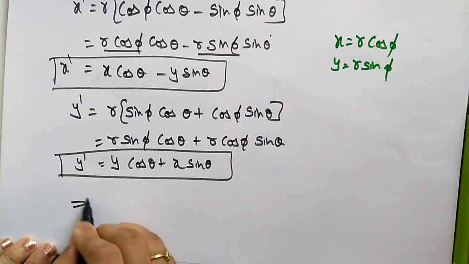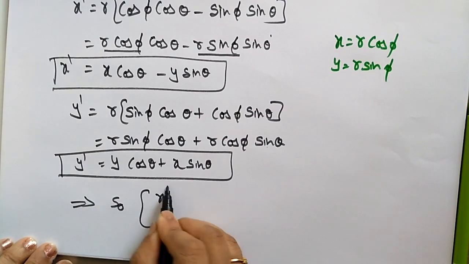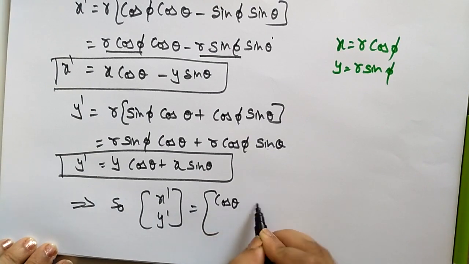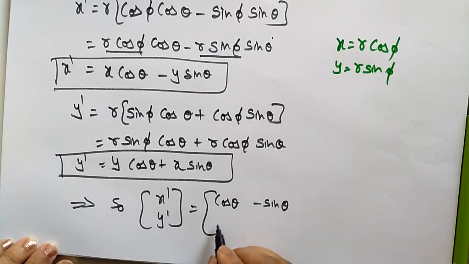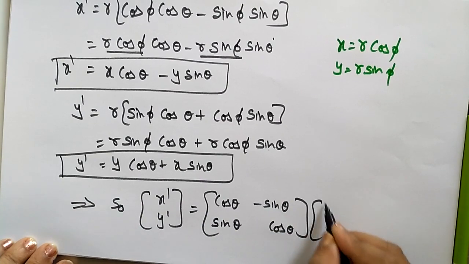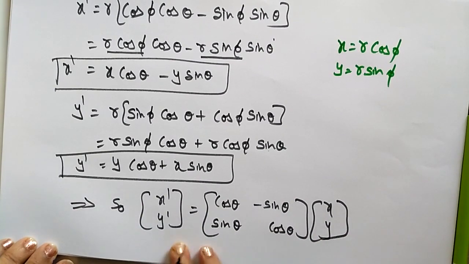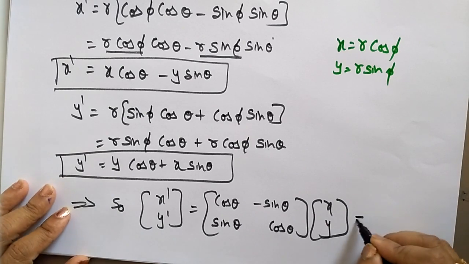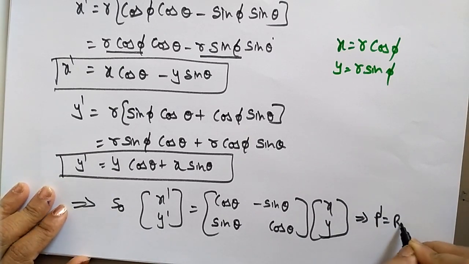So finally you can say that [x dash, y dash] is equal to [cos theta, minus sin theta; sin theta, cos theta] into [x, y]. So this is the formula for calculating the rotation of an angle. That is nothing but p dash is equal to R into p.